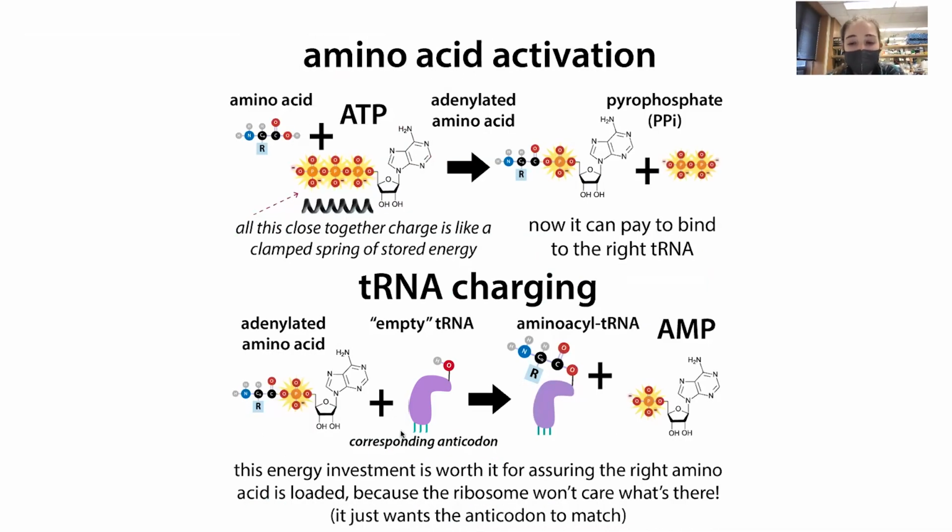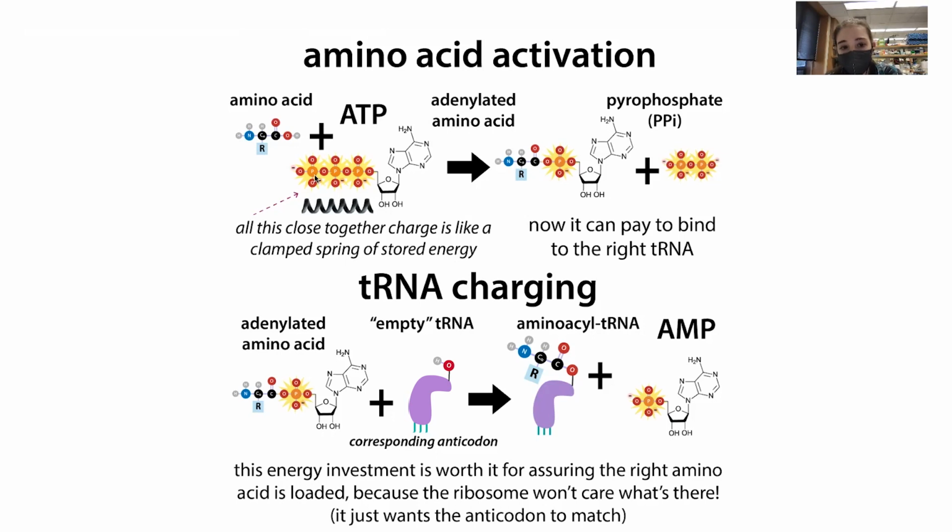So when your body is normally getting amino acids onto the tRNA to be added, it works in a couple of steps. You have the amino acid activation step, where you're spending ATP to make this energetically favorable, so that it can be attacked by the tRNA.